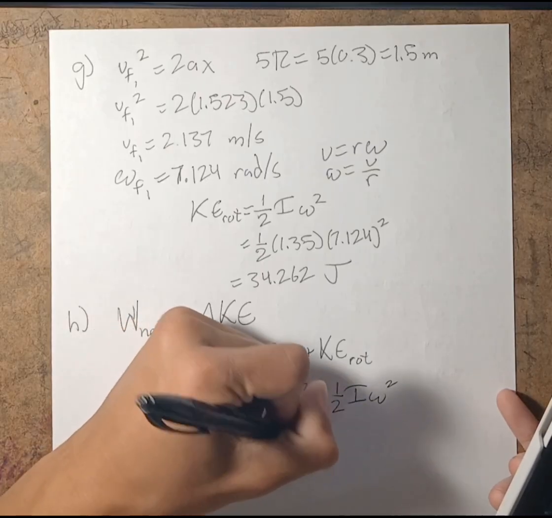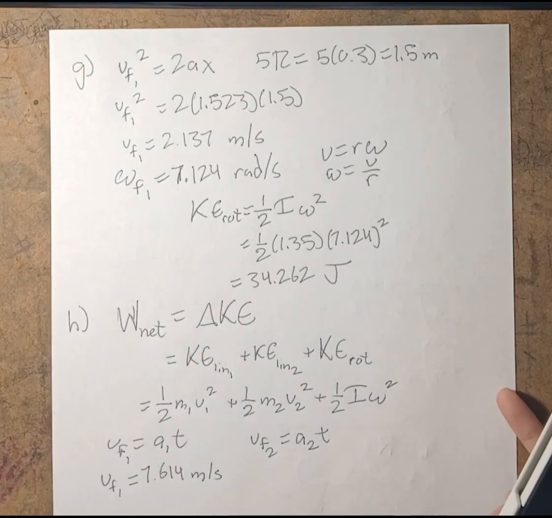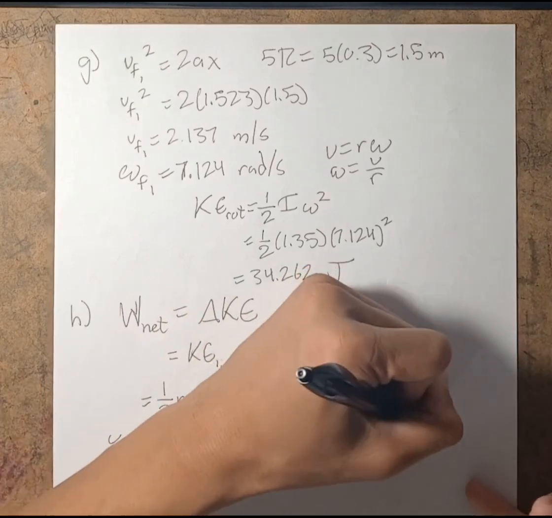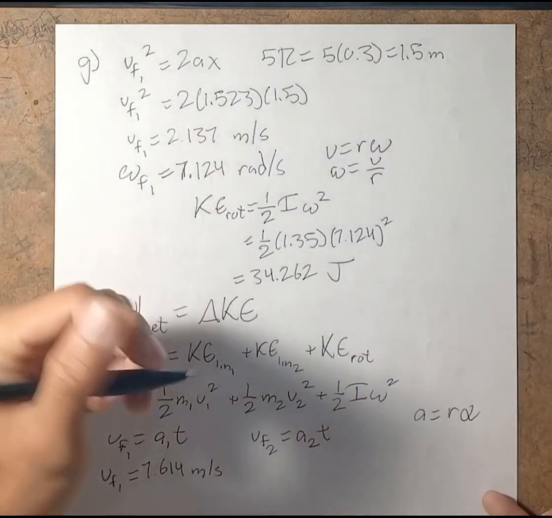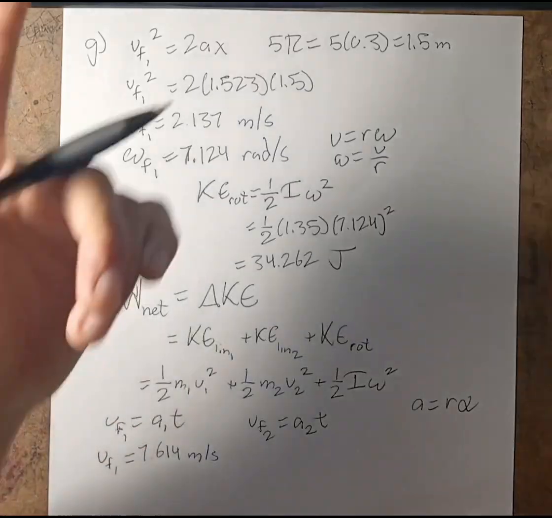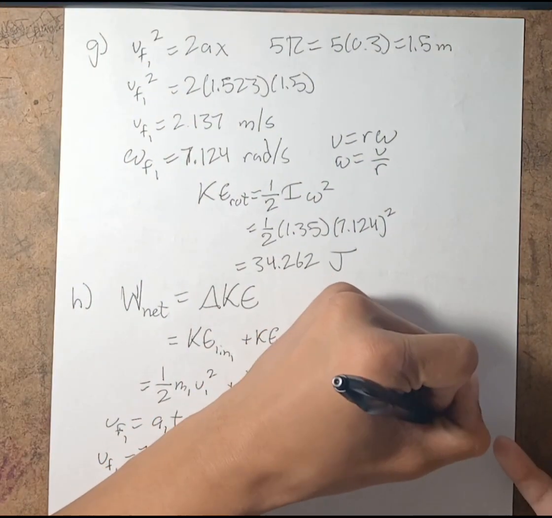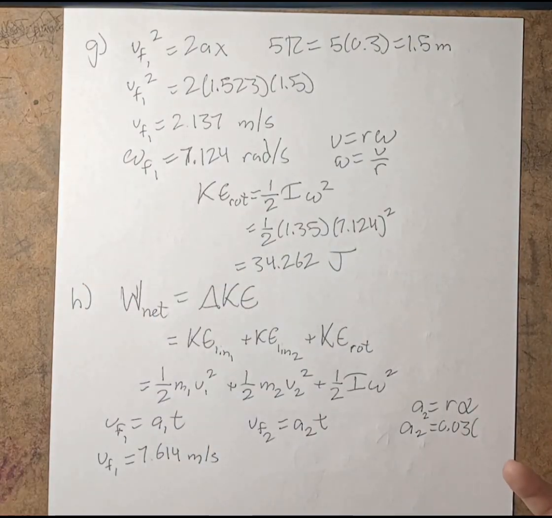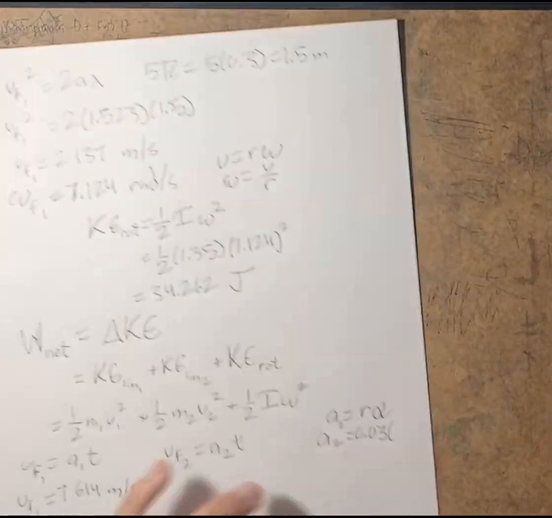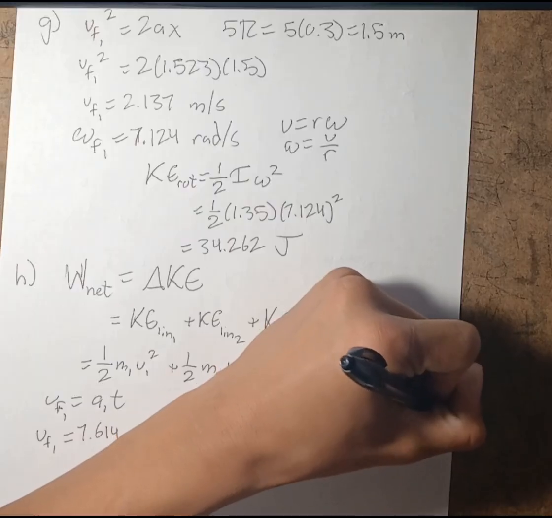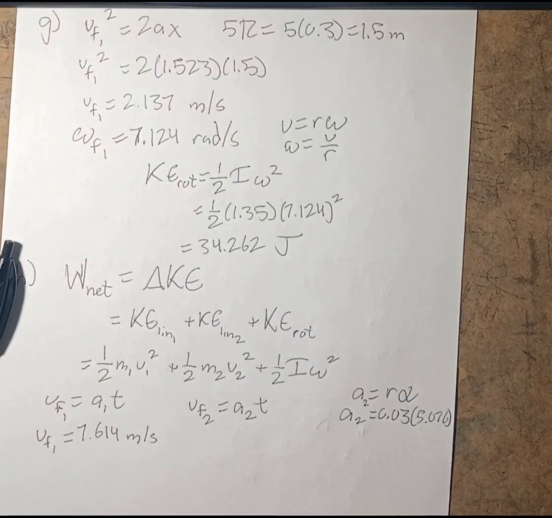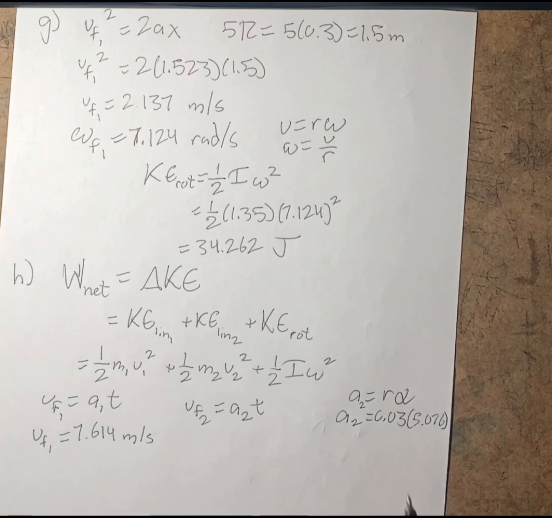VF2 equals A2 t. A2 we can just find by using, again, A equals R alpha. Little r this time because mass 2 is attached to the axle, so A2 equals 0.03 times the angular acceleration of the cylinder, which was 5.076.